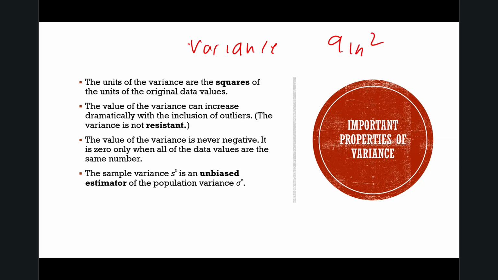Which is weird. If I asked you guys how many dogs each of you have at home, and I calculated the variance of the number of dogs, the unit for the variance would be dogs squared. What does that mean? No idea, but that's the unit. It has to be, because when you square it, you would get dogs.